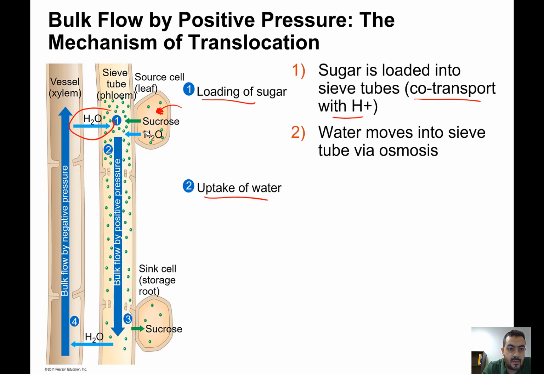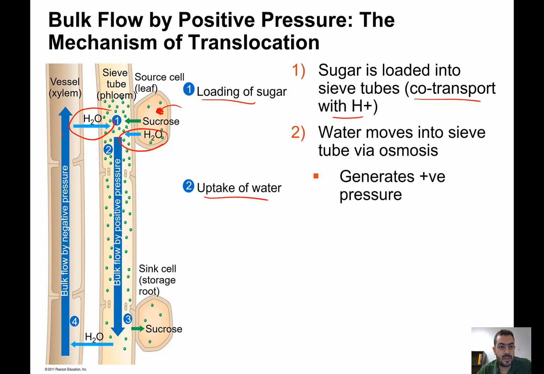So water will move into the sieve-tube elements by osmosis, and remember the xylem is close to the phloem, so osmosis can work moving the water from the xylem to the phloem, or it can even come from the mesophyll cells themselves. Anyway, at the end, now we have sucrose and we have water, all of them inside the sieve-tube elements.